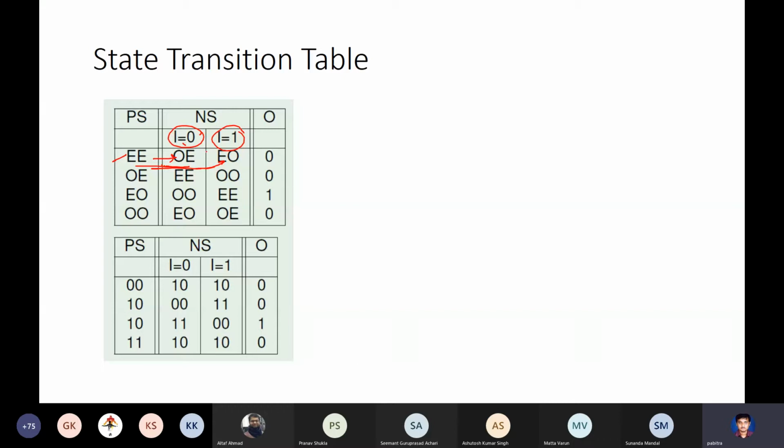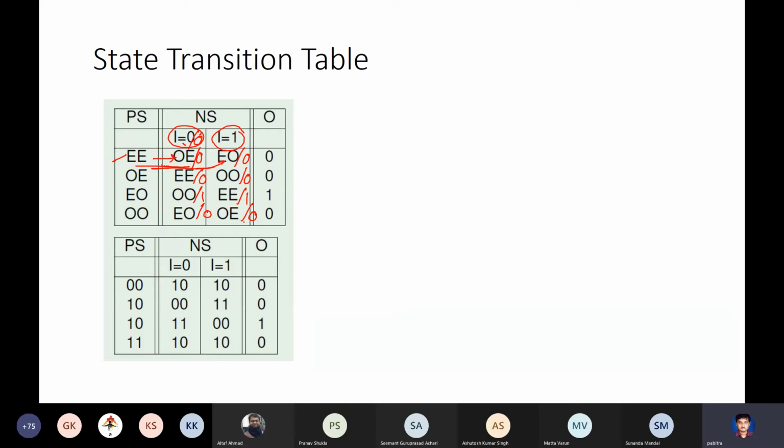Okay, the important difference between the Mealy machine and the Moore machine was that, if you remember, in the state transition table of the Mealy machine, we are writing the output here also, 0 or 1, in the case of the Mealy machine.